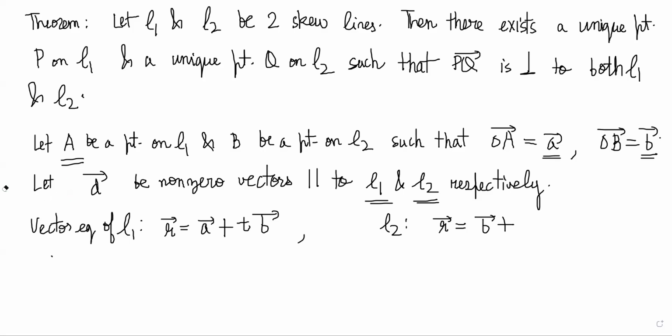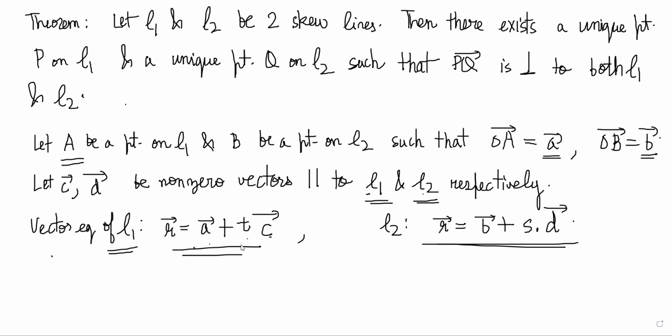I have to use C and D. C and D are the directions parallel to L1 and L2, right? So the equation of line L1 would be r is equal to a plus t times c vector, and the equation of line L2 would be b plus some constant, and that constant can be given the name s, so a scalar times d vector, right? These are the equations of my two lines.